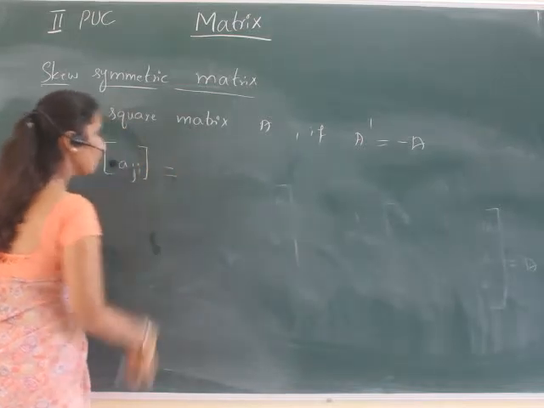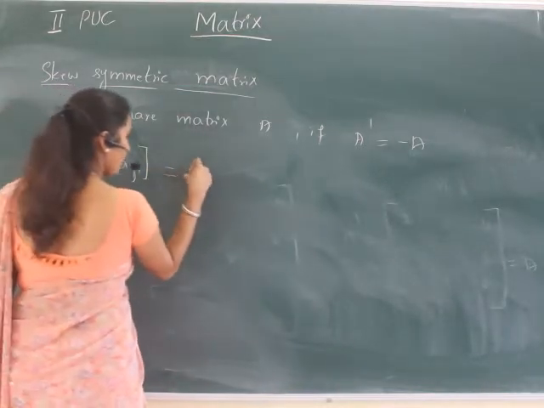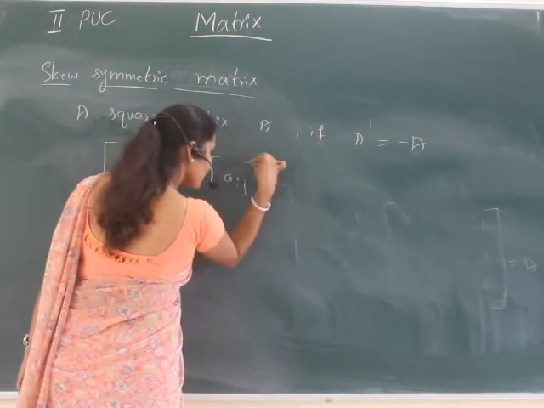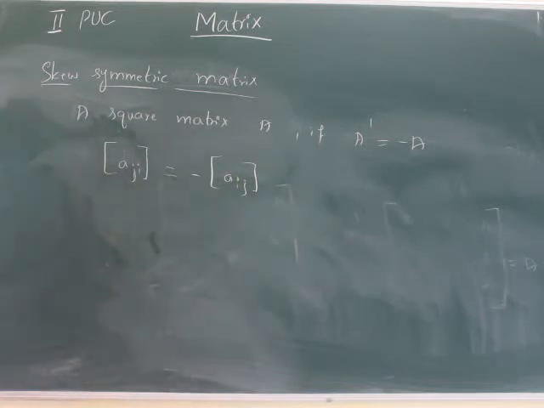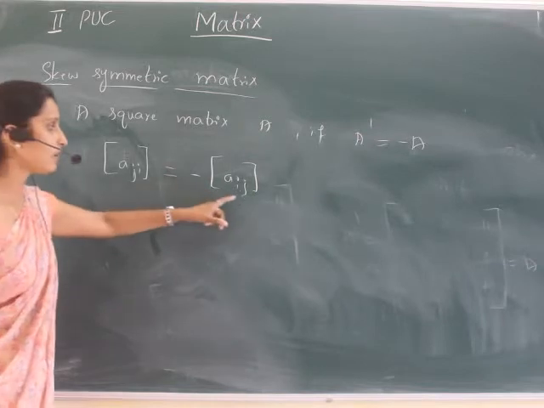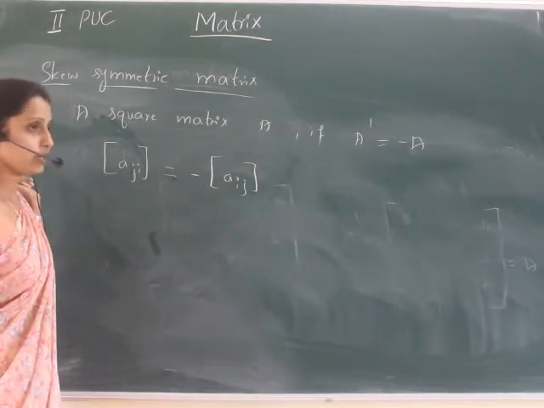This is equal to minus of A, that is, minus of Aij. So from the definition of a skew symmetric matrix, A transpose means rows and columns are interchanged, therefore Aji is equal to minus of Aij. So this is the condition we got.